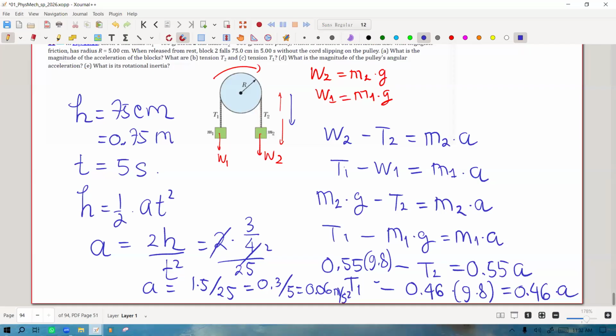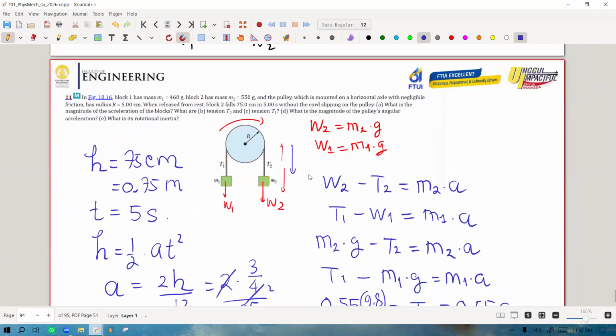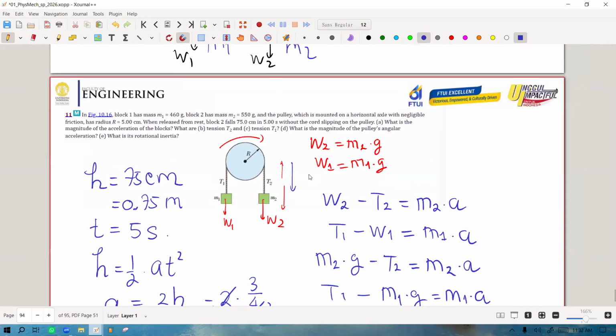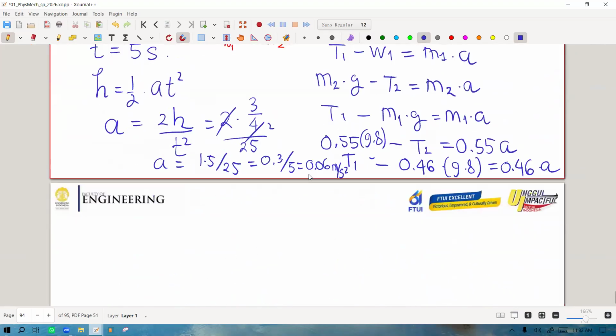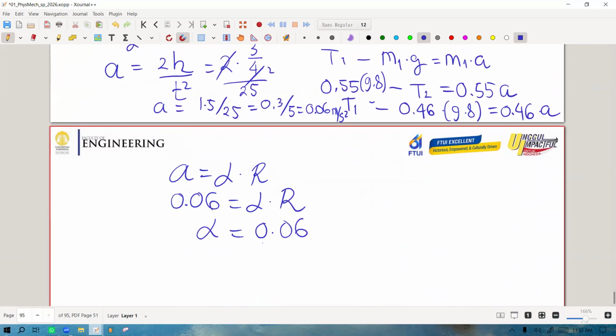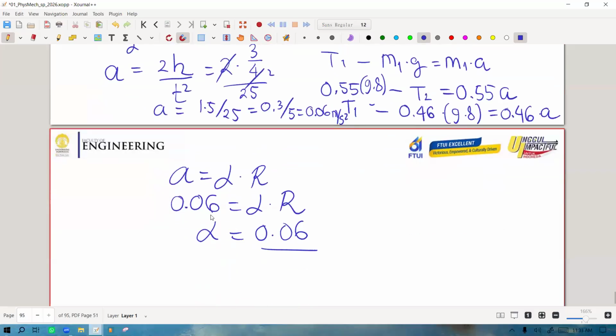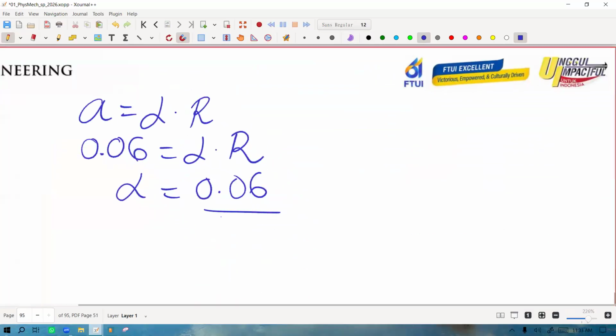And then after we got A, the radius is 5 centimeters, right? So we get A equals alpha times R, 0.06 equals alpha times R. So alpha is 0.06 divided by R. R here is 5 centimeters, 5 times 10 to the minus 2.